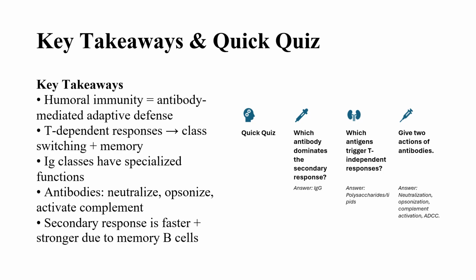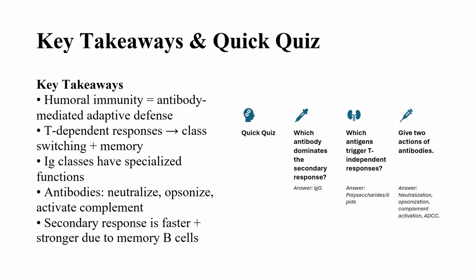And finally, the secondary immune response stands out as the system's proof of memory. After first exposure, memory B cells wait quietly. On re-exposure, they trigger a response that is faster, stronger, and dominated by high-affinity immunoglobulin G. This is the physiological logic behind booster vaccines.